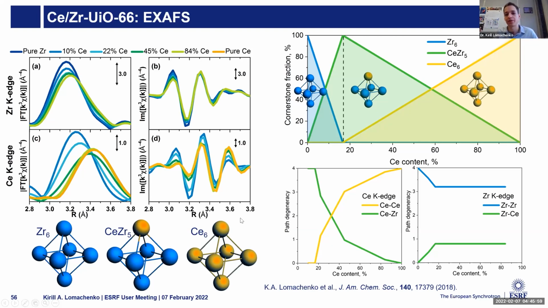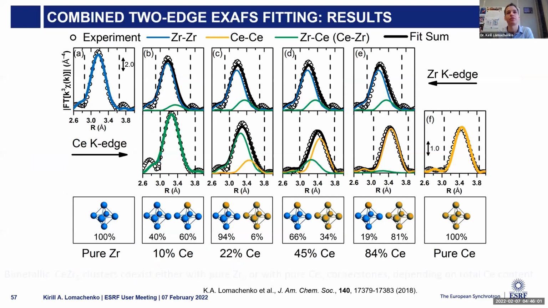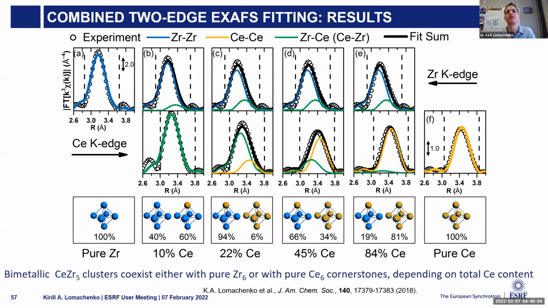The good point about EXAFS is that we can do fitting, and we can confirm this hypothesis even quantitatively. So what we did was a fitting at two different edges of 10 different spectra as a single data set. We fitted a single data set containing 10 different spectra, which resulted in a single R factor, a single figure of merit, and that allowed us to fight the correlations.